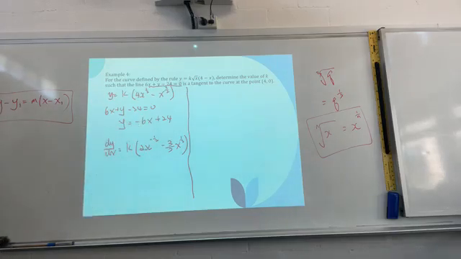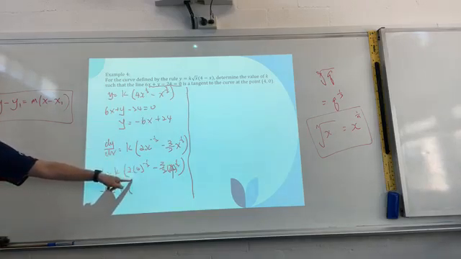Substitute back. -6 equals k times (2 times 4^(-1/2) minus 3/2 times 4^(1/2)). That would be 2 divided by 2, correct?